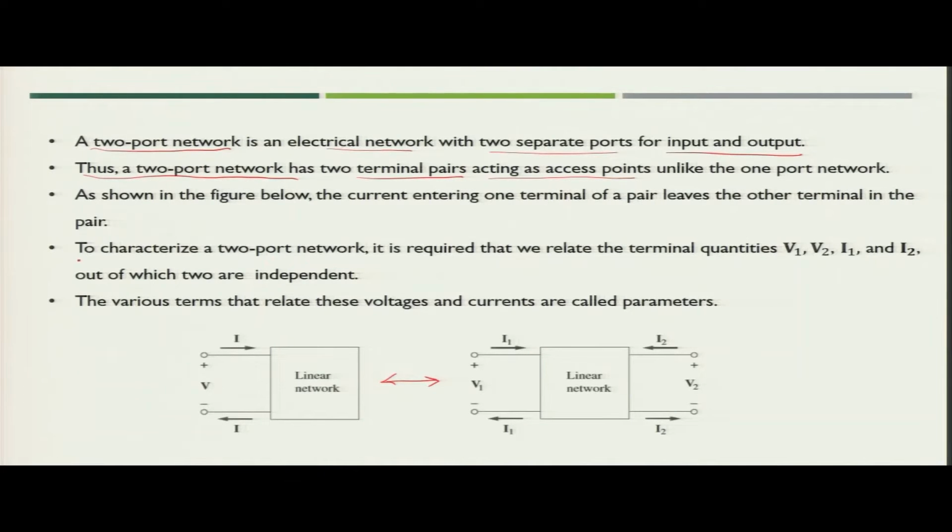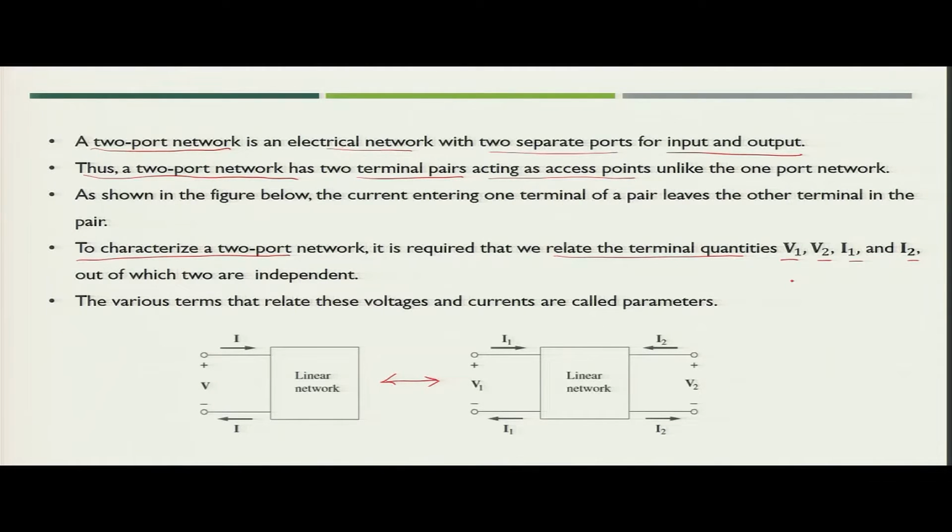Now, to characterize the two port network, it is required that we relate the terminal quantities, that is V1, V2, I1, I2, which you see in the two port network. Here V1 is applied across the terminal pair on the left side and V2 is applied across the terminal pair on the right side. I1 flows into port 1 and I2 flows into port 2.